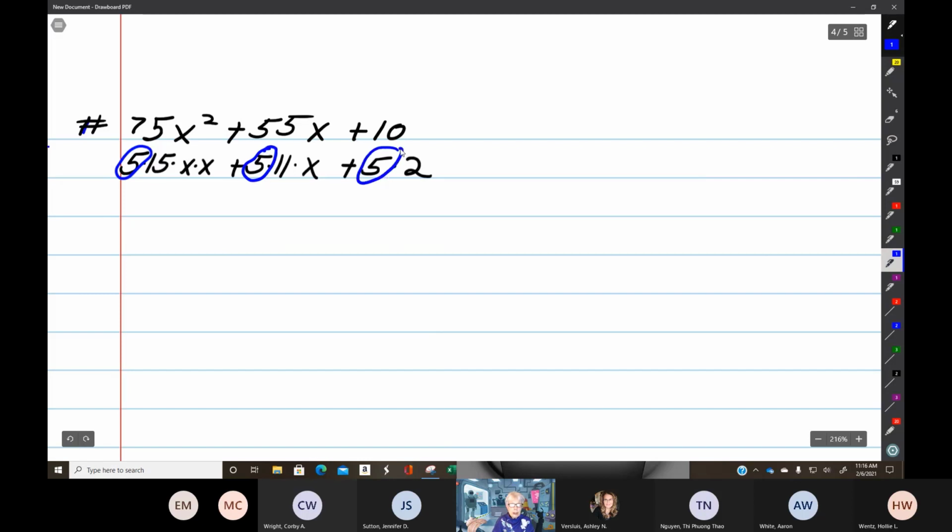You don't always have a GCF in the very beginning to pull out, but on these problems you do. So we pull out a 5, and that leaves us with 15x squared plus 11x plus 2.